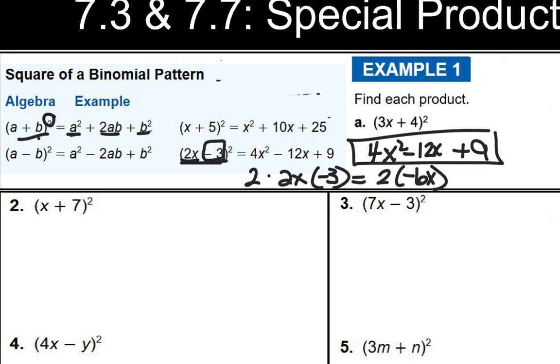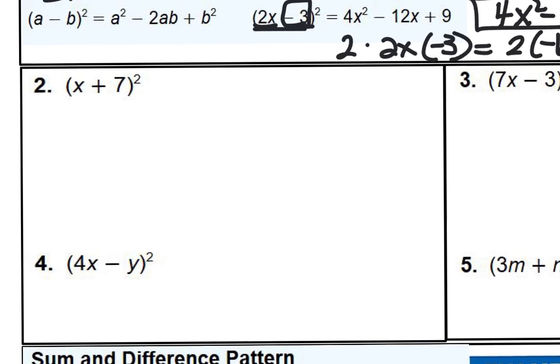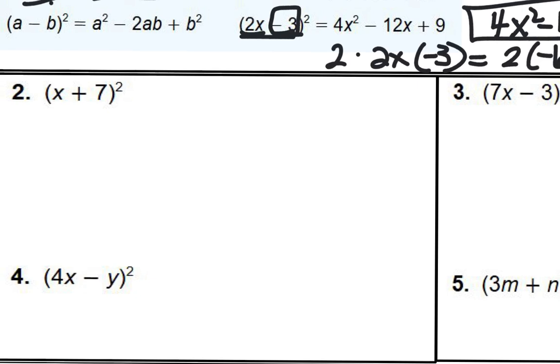All right. So let's look at some more examples. Okay. 7 plus x. Square the first one, square the last one, and then multiply the two of them and times 2. So 2 times 7 is 14x.